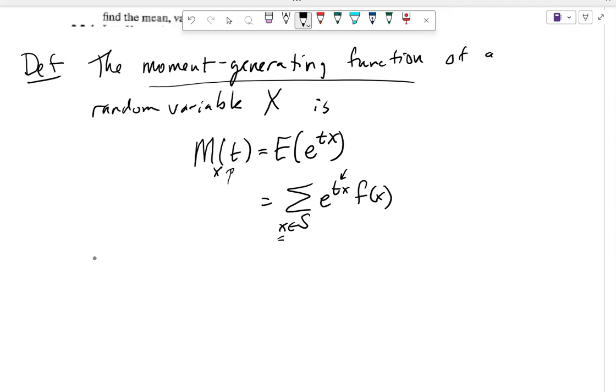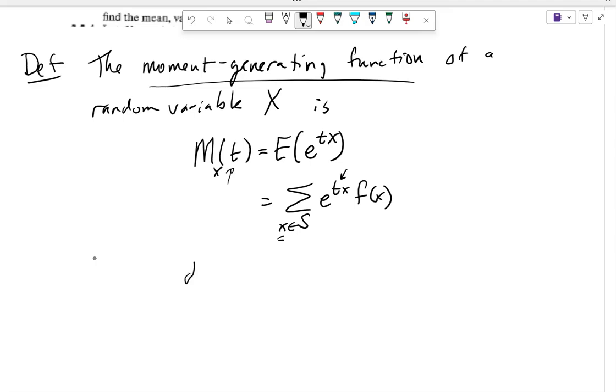As long as this summation converges for some positive values of t, some values in an interval containing t, not just at 0. As long as this converges, I can do derivatives. Remember doing power series stuff? As long as you had convergence around some little interval, you can do derivatives. All right?